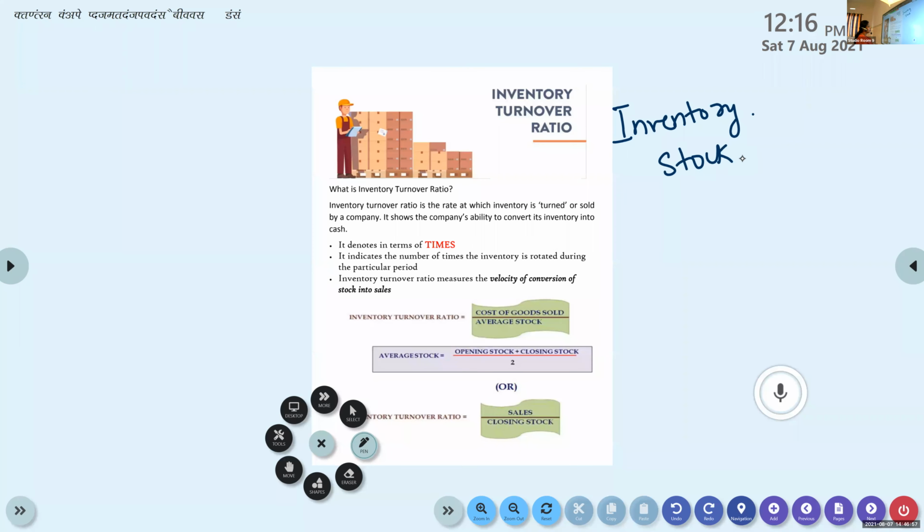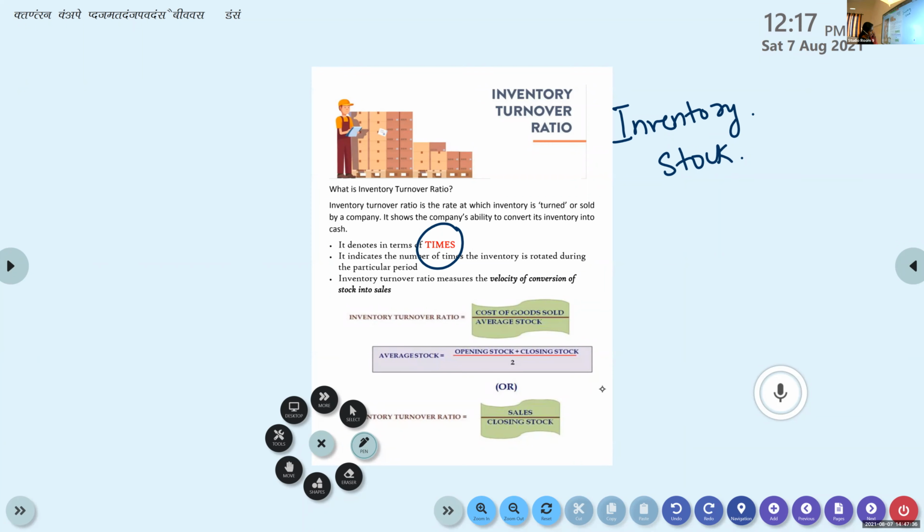So here also we are going to express this ratio in times. In the beginning I told you, we express these ratios either in the form of percentage or proportion, like 2:1, likewise, times. So we express it in different forms, even in the form of fraction. Here this particular ratio, inventory turnover ratio, is in times.